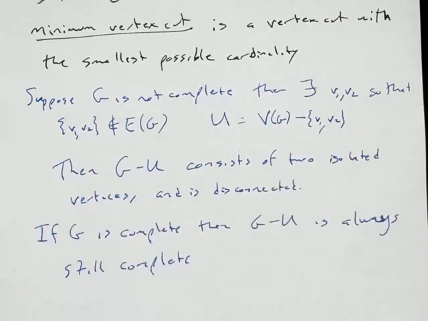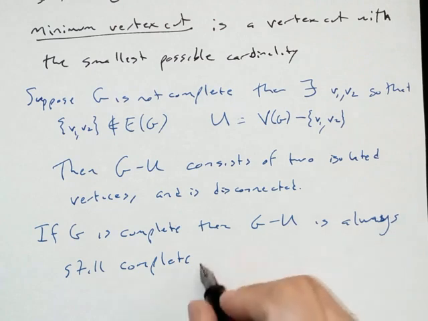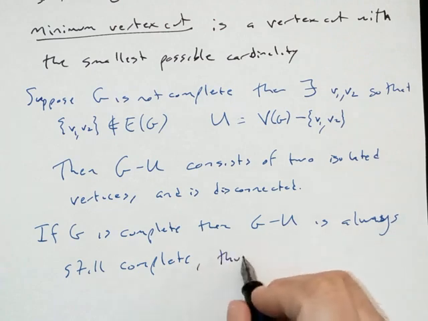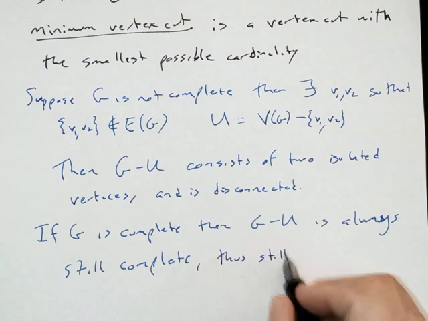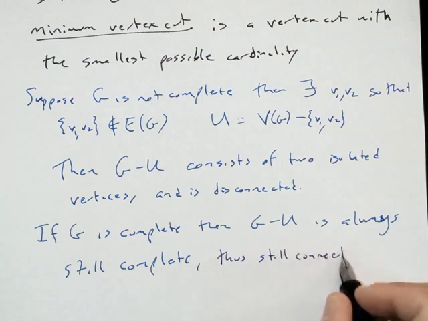No matter how many you take away, the graph is still complete, and therefore connected. It's proved.